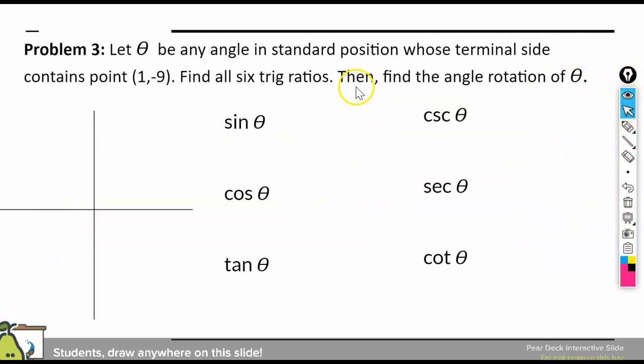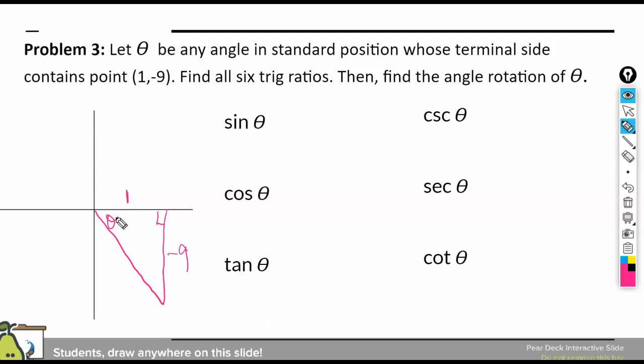Now, the last part of the question, let's take a look at that. If we have a point at 1, -9, that's going to end up in that fourth quadrant. And so this is 1, and this is -9, and that is actually going to be our reference angle.